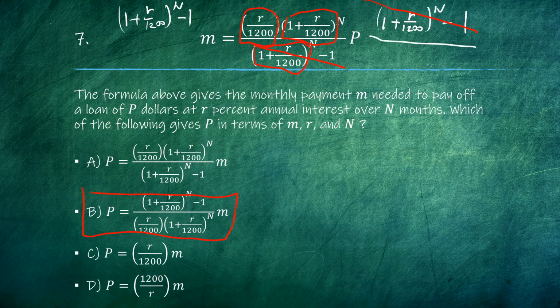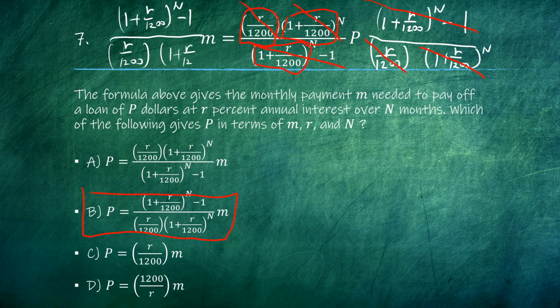And then next we divide both sides by the upper term, so this will cancel out also. Alright, and that will give us the answer.